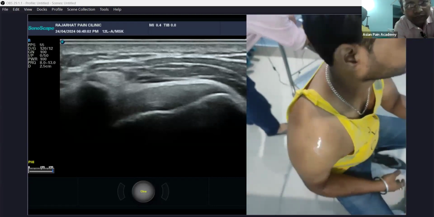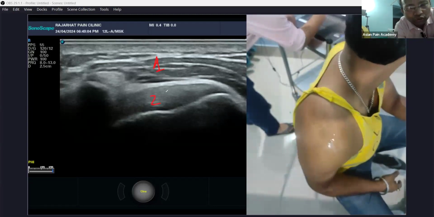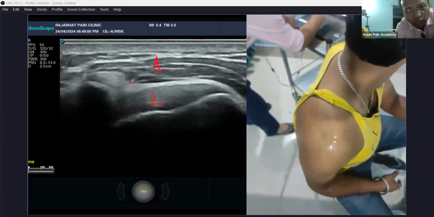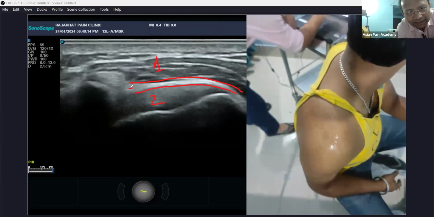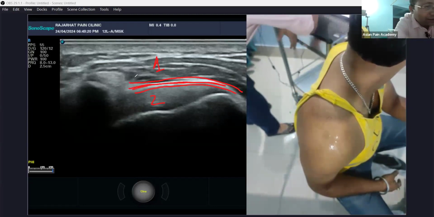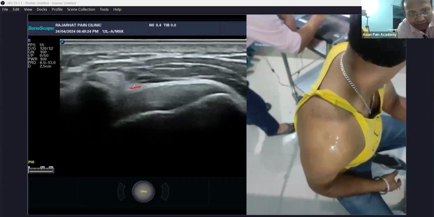Between the first and second layer, you will see this white color. These are loose areolar tissues, and between them there is a black line. This black line is not very well seen here, but when I show it again, try to perceive a black line.